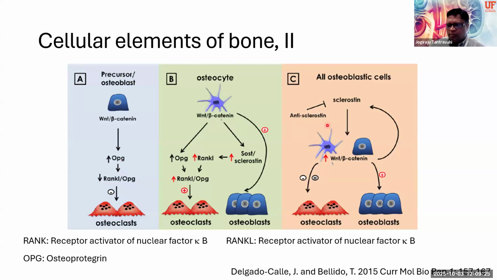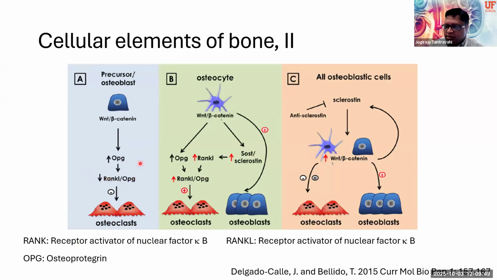And I think I'd be talking more about experimental therapies rather than the real world, but instead to discuss two important players. One is called RANK and RANK ligand. RANK stands for receptor activator of nuclear factor kappa B, and its ligand, called RANK ligand, and osteoprotegerin.